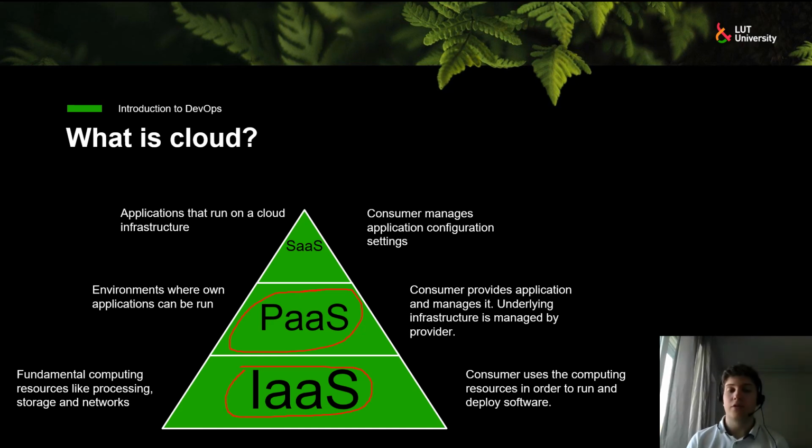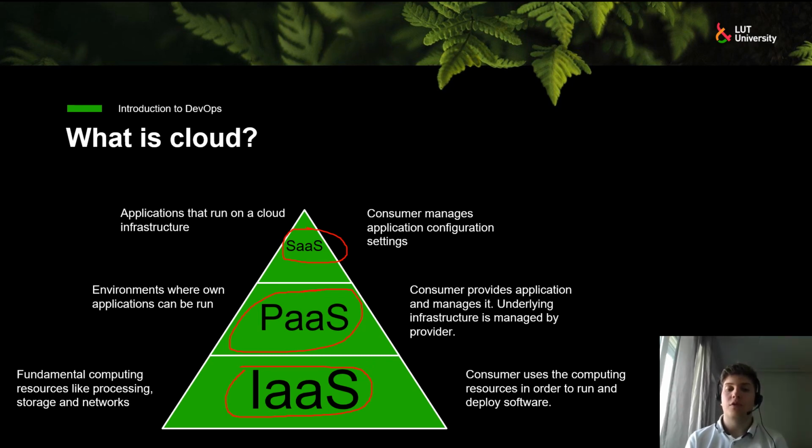And finally, there is the software as a service, which consists of applications that run on a cloud infrastructure. So in this case, the offering is a concrete application on the internet. For example, gitlab.com, where the user goes to access the software and uses it over the internet. Google Docs was another example.